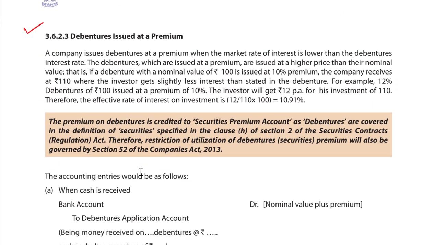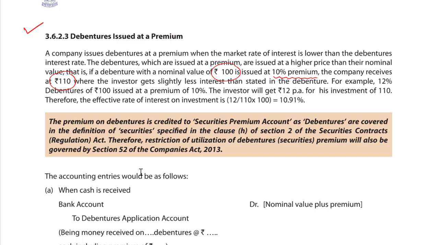Debentures issued at a premium. A company issues debentures at a premium when the market rate of interest is lower than the debenture interest rate. The debentures which are issued at a premium are issued at a higher price than their nominal value. That is, if a debenture with the nominal value of rupee 100 is issued at 10% premium, the company receives 110, where the investor gets slightly less interest than stated in the debenture.